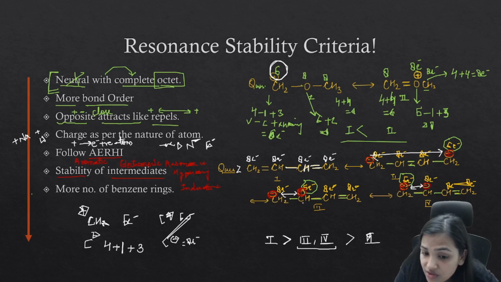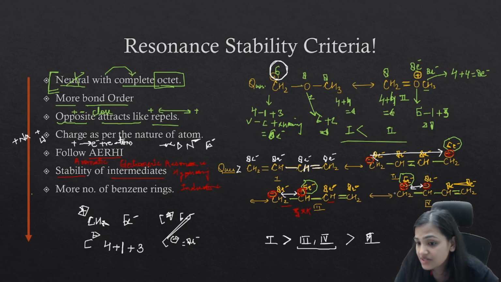Here in the question you will find that this particular carbon is having 2 and 1, that is 3 alpha hydrogens to stabilize it. But if you see this as a carbocation, this is having only 1 alpha hydrogen to stabilize it. Guys, this is the 2-degree carbocation and this is a 1-degree carbocation.